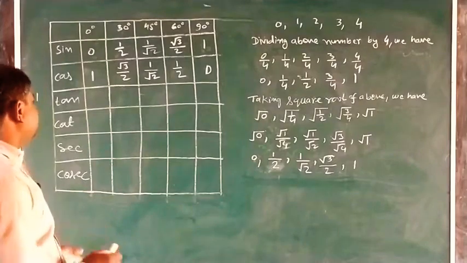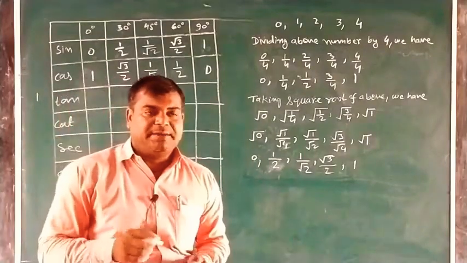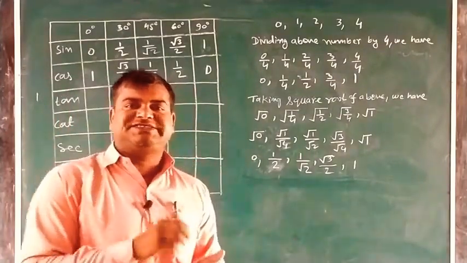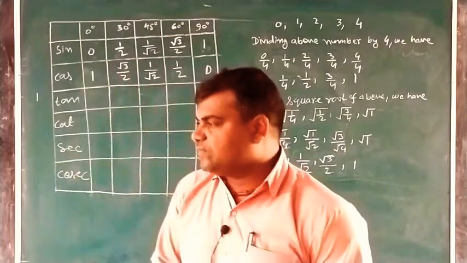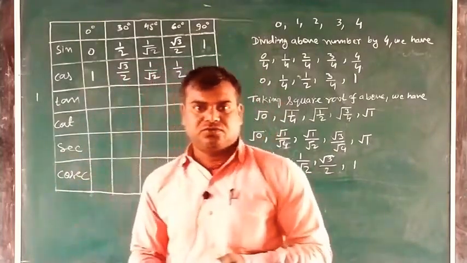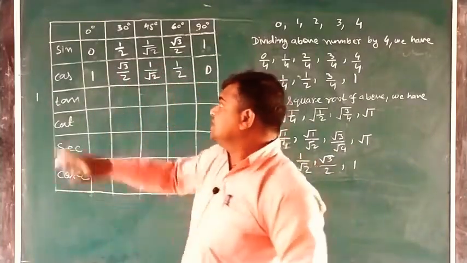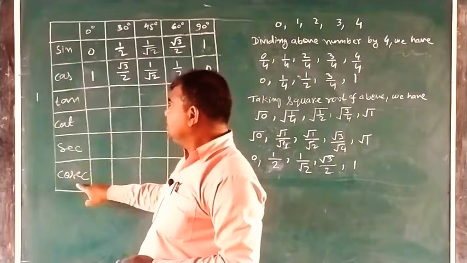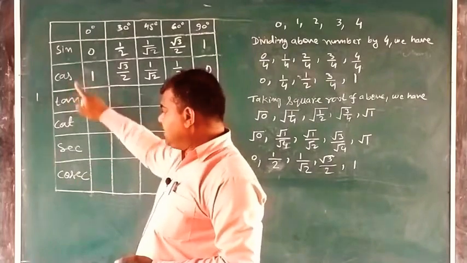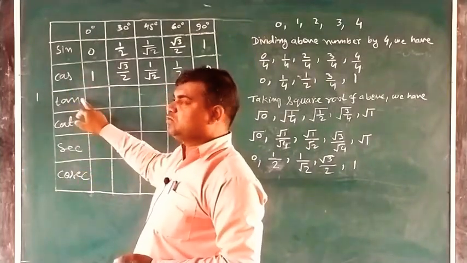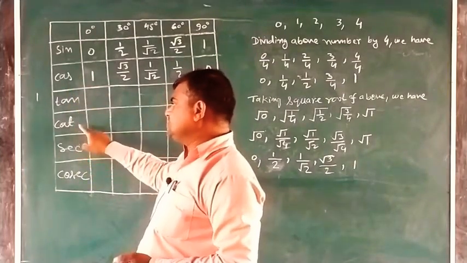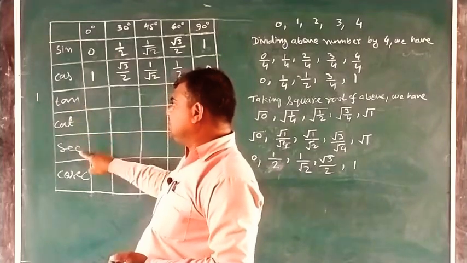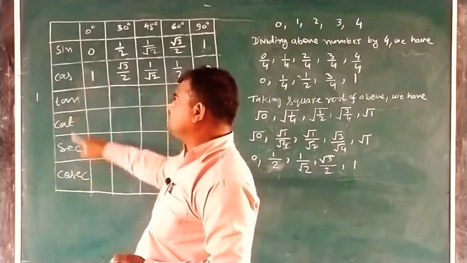Clear? In the last video we discussed the reciprocal relation of trigonometrical ratios. Reciprocal relation means sine is equal to 1 by cosec, cos is equal to 1 by sec, tan is equal to 1 by cot, cot is equal to 1 by tan, sec is equal to 1 by cos, and cosec is equal to 1 by sine.